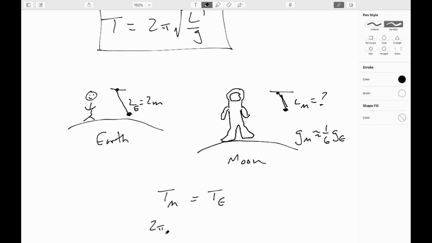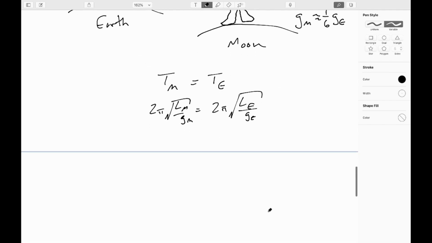So we'll demand that 2 pi root L moon over g moon equal 2 pi root L Earth over g Earth. Okay, and then our first small favor is that the 2 pi's cancel, and then we can square both sides and be left with L moon over g moon is equal to L Earth over g Earth.